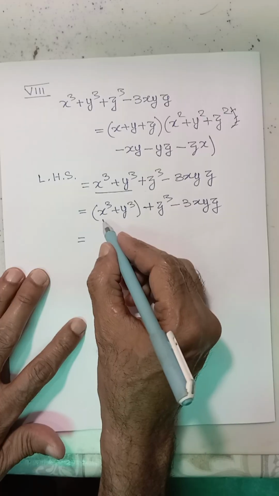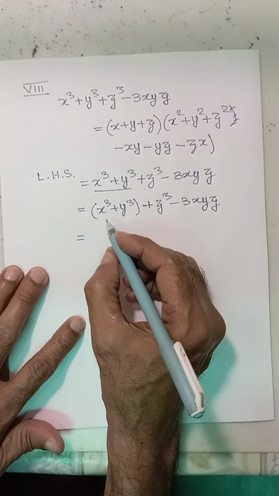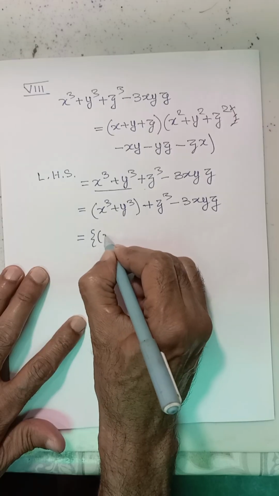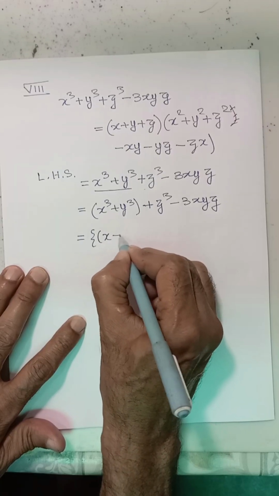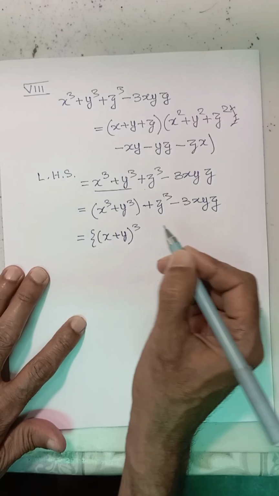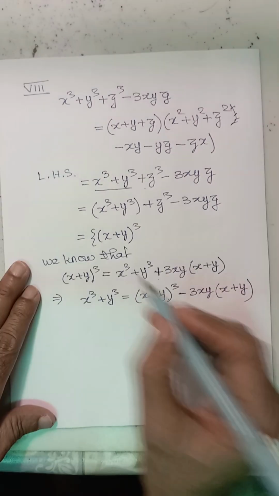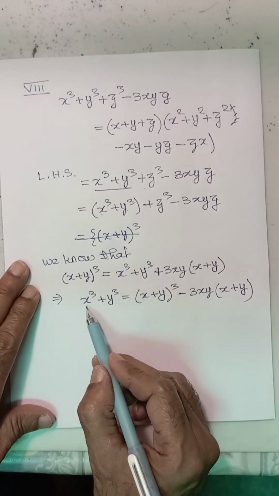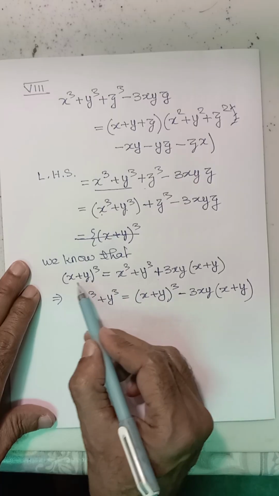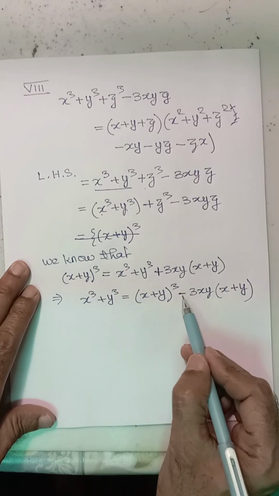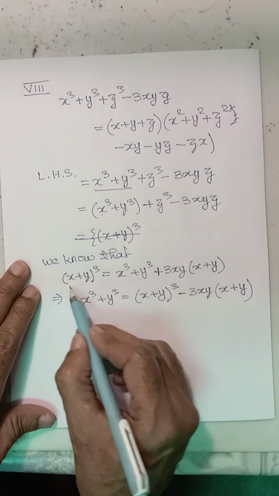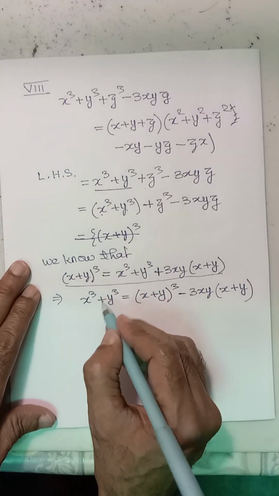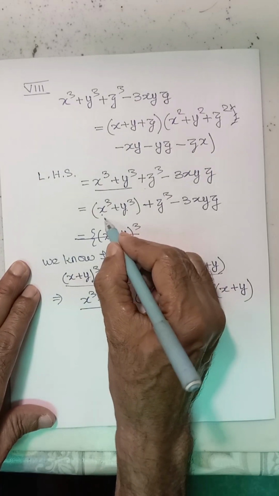Now we'll expand it. This will be equal to... Now x³ + y³, we have derived here, x³ + y³ is equal to (x + y)³ − 3xy(x + y). From this formula we have obtained the value of x³ + y³. Now we will put this x³ + y³ in it.